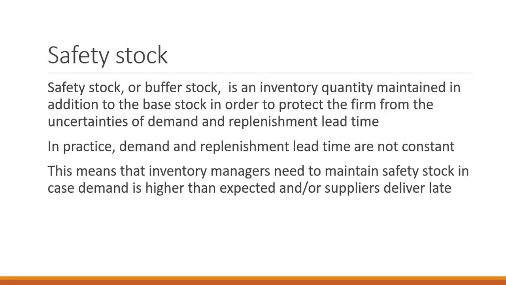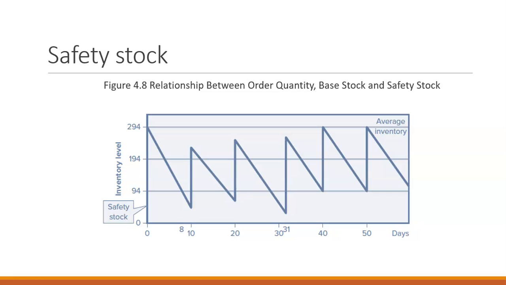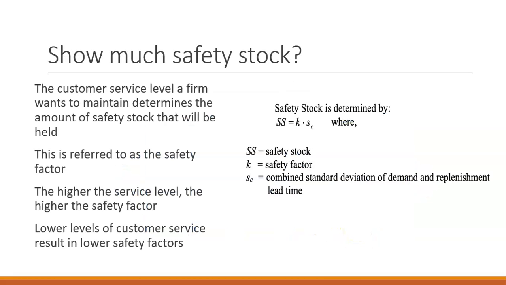If our shipment is late, we have enough safety stock to cover as many days as we need until that shipment arrives. We always have so much on hand just in case. And then we have average inventory and how our inventory level changes across a period of days.